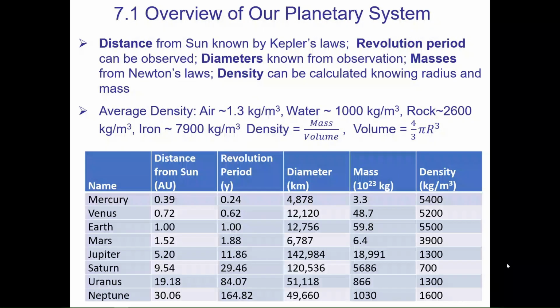There must be a material with much lower density, which makes up a significant percentage of the overall mass of the outer gaseous giant planets. A very interesting number I want you to look at is that Saturn's density is only 700 kilograms per cubic meter, which is even smaller than the density of water.